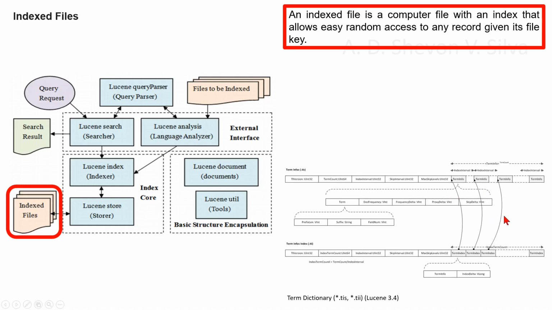At a simple high level, the term dictionary will let you know where to look in the FRQ and PRX files for further information related to that term. Terms are stored in alphabetical order for fast lookup.